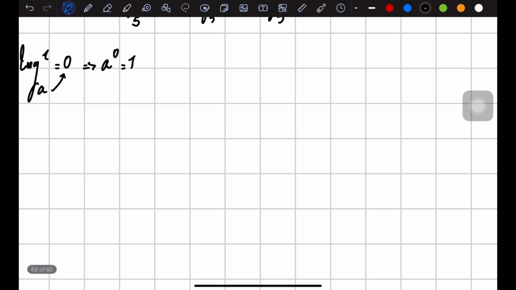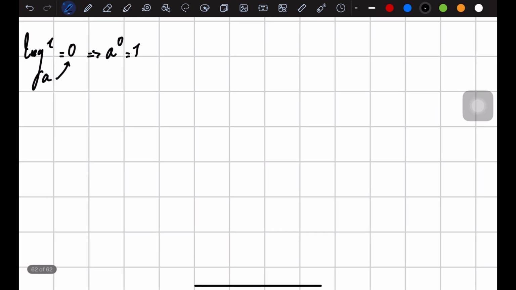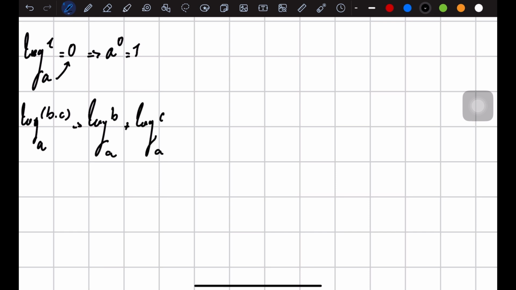Another rule is log_a of (b times c). So we can separate this into log_a b plus log_a c. And this is called the product property. What about this one?